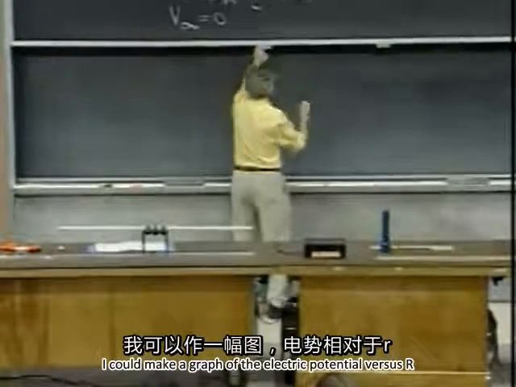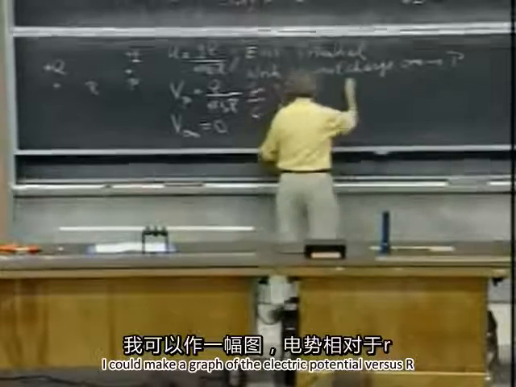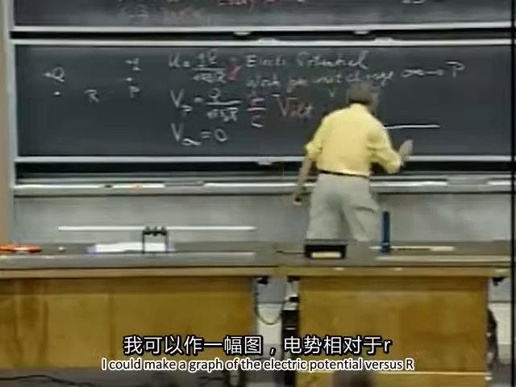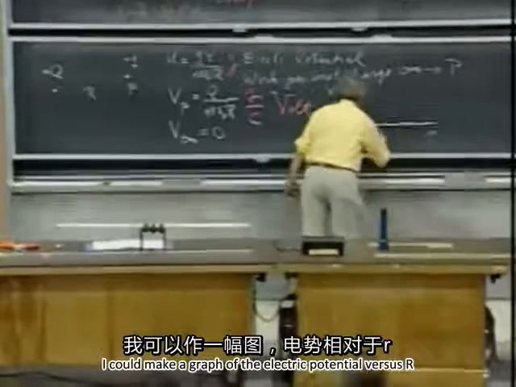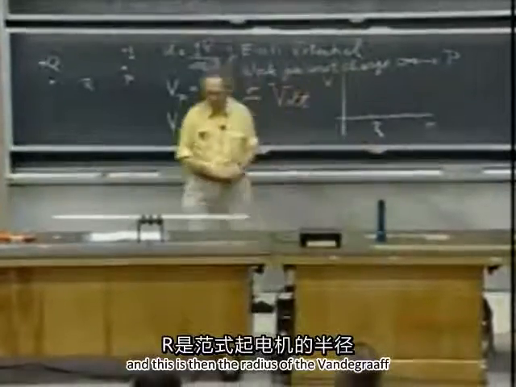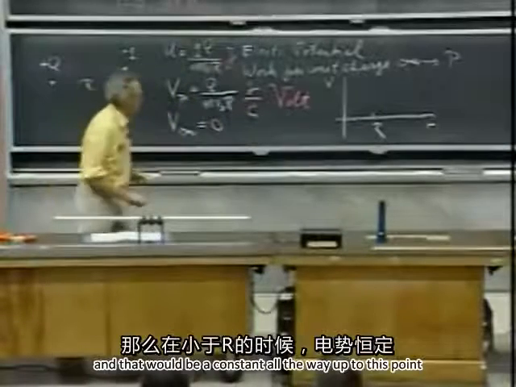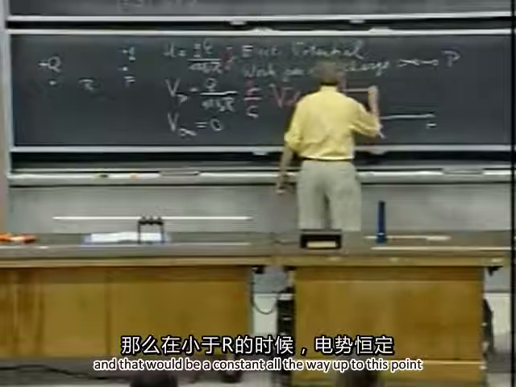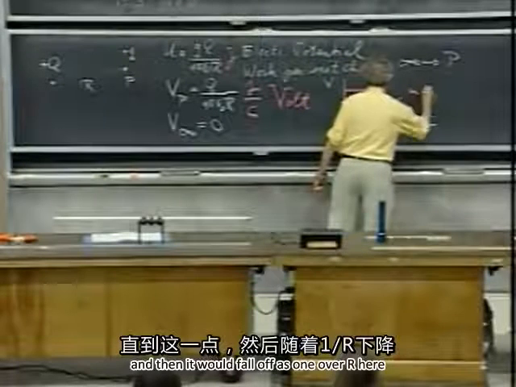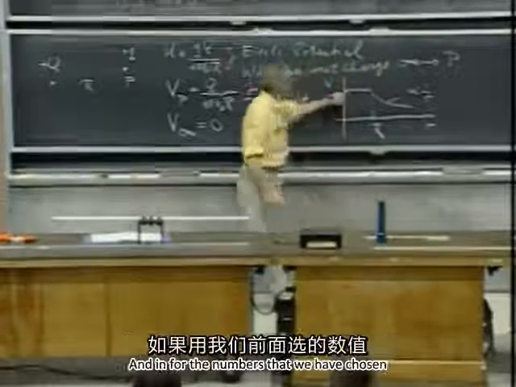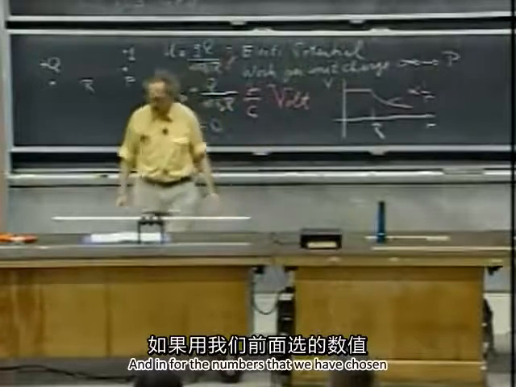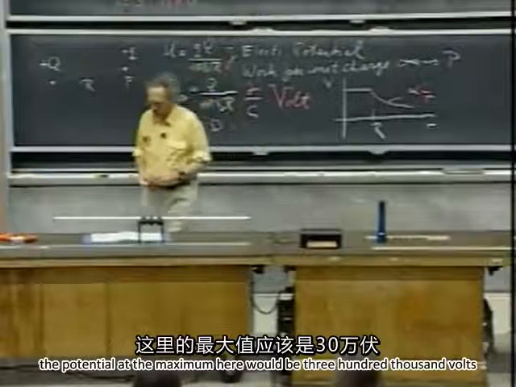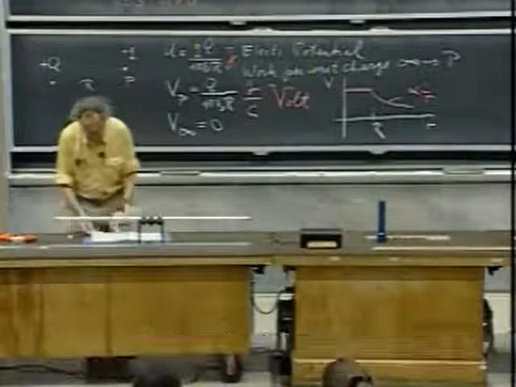And so for this special case, I could make a graph of the electric potential versus R, and this is then the radius of the Van de Graaff, and that would be a constant all the way up to this point, and then it would fall off as 1/r here. And for the numbers that we have chosen, the potential at the maximum here would be 300,000 volts.